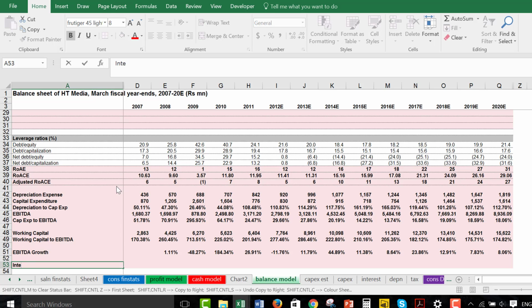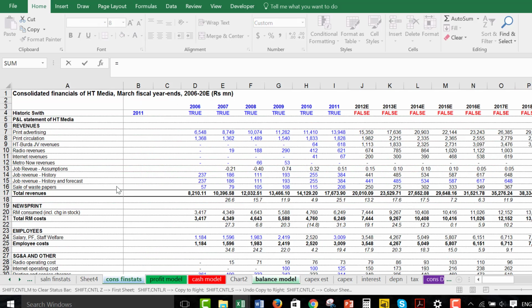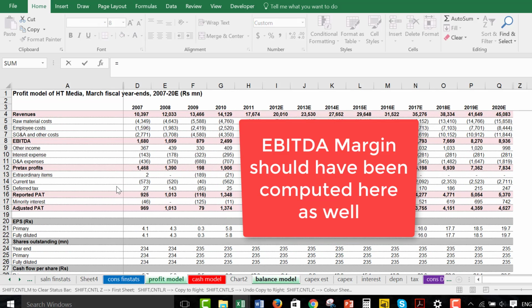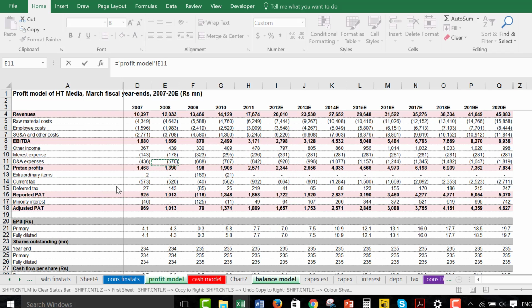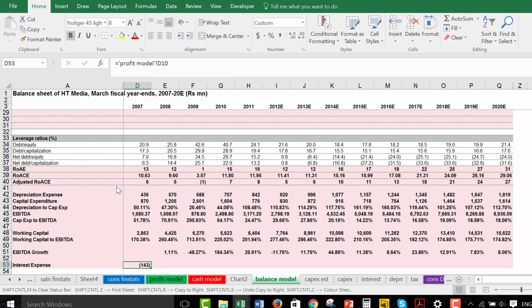And then we can put our interest expense and find that. And I think that's going to be in our profit model. Where is that? Here we go.